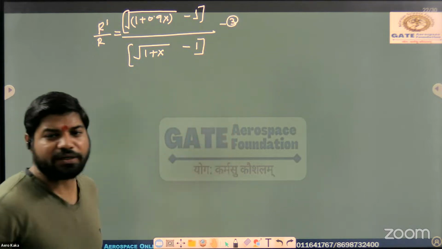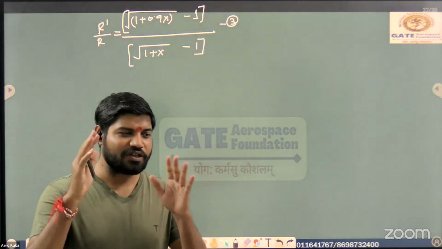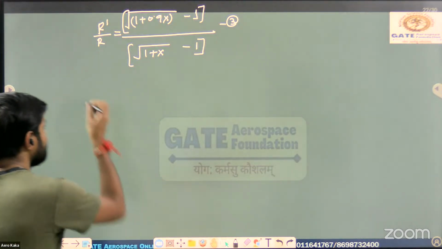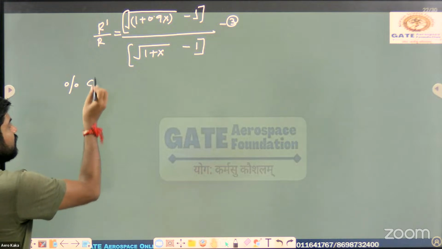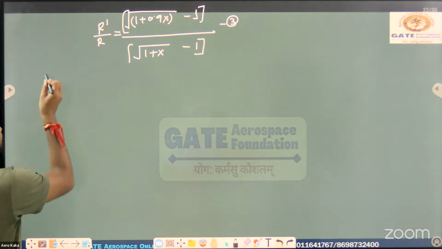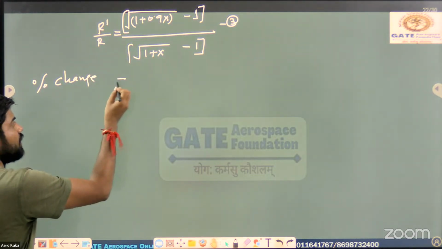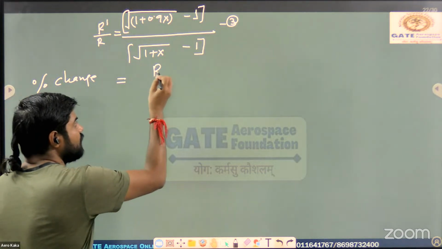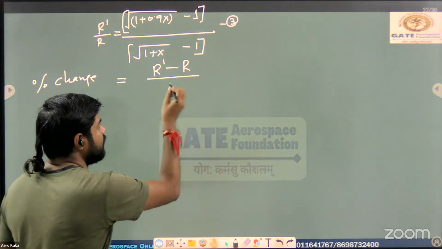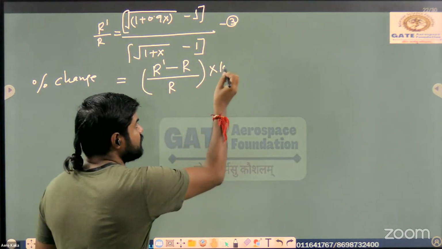Now, what is required? They're asking what is the percentage change. How to calculate the percentage change? You can write the percentage change in range is the final value, that's R prime, minus initial value R, divided by initial value R, into 100%.